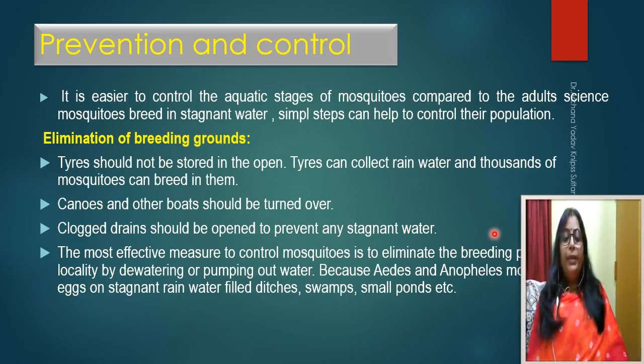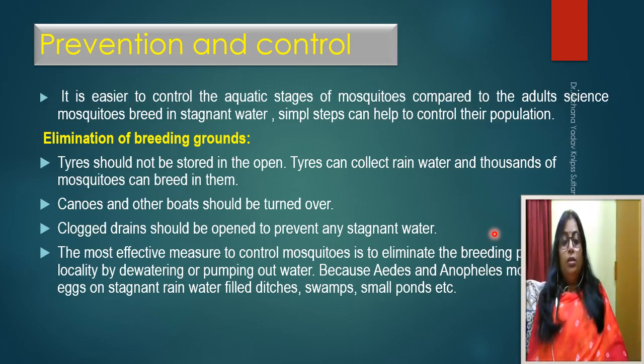Elimination of breeding ground. First, if you place any tires or cans, they should not be stored in an open place. Tires, cans or other open vessels collect rainwater, and thousands of mosquitoes breed there.